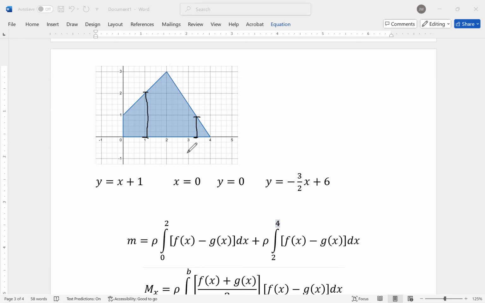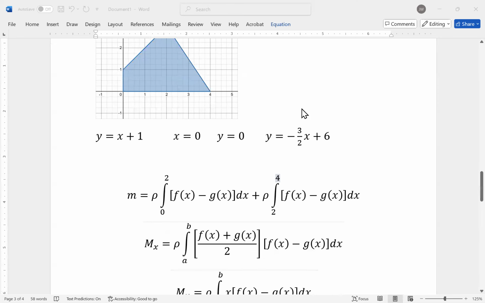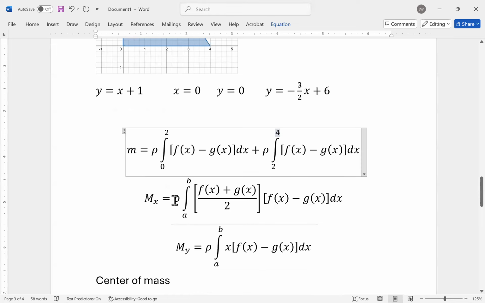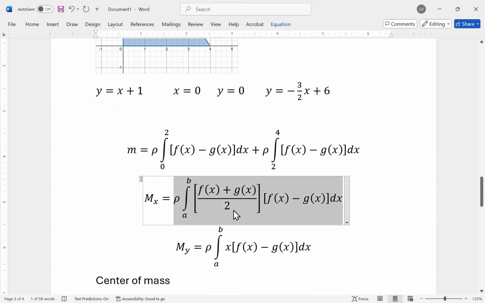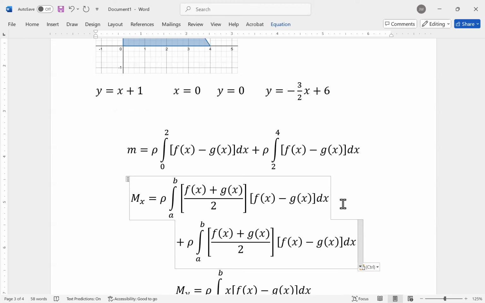So from 0 to 2, the f is going to be y equals x plus 1. And from 2 to 4, the f is going to be negative 3/2 x plus 6. Now, we're not going to do that with just the mass. We're also going to do that with both moments as well. So we're going to take the total moment from the x-axis, and we're going to split that up into two pieces.